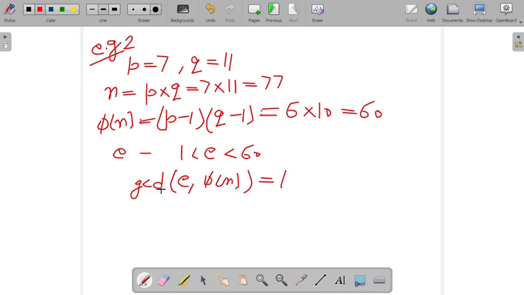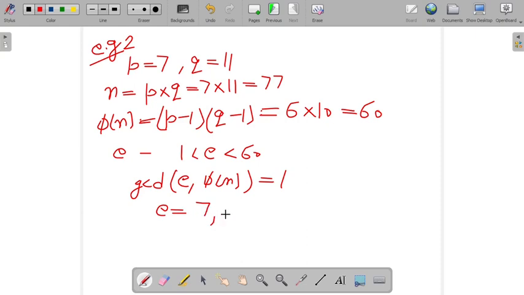Let's try it and try to understand it. Can you take E as 1? No. 2? No. 3? No. 4? No. 5? No, you can't take. 6? No. 7 you can take. 8? No. 9?